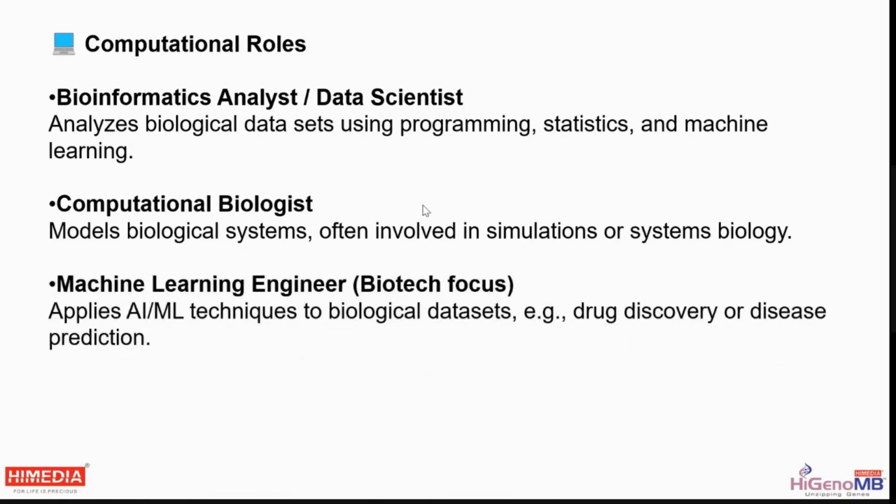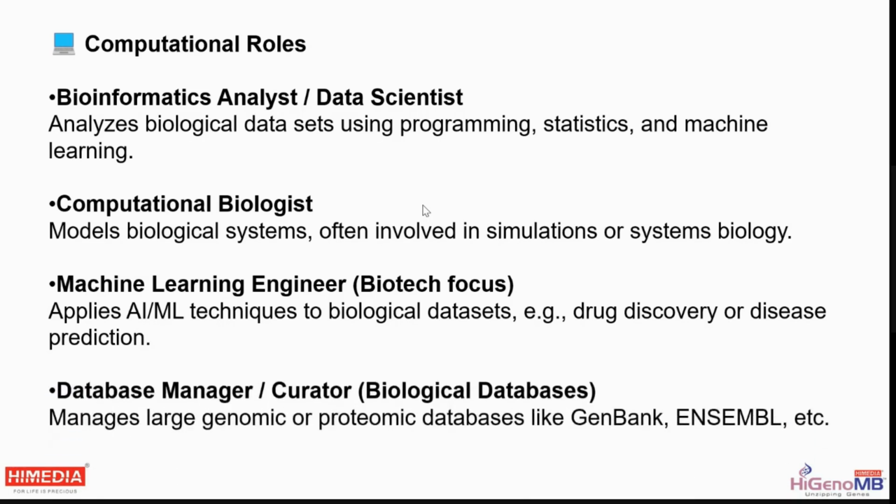At the same time, machine learning engineering is another trend nowadays after the development of AI. Once you are good in AI, you can develop different tools to interpret different types of data in a short and quick time, and it can be done automatically. At the same time, you can become a database manager. The way I was talking about the MPI database or GenBank or PDB, there they also need different types of database curators or managers. So that's one role you can opt for.